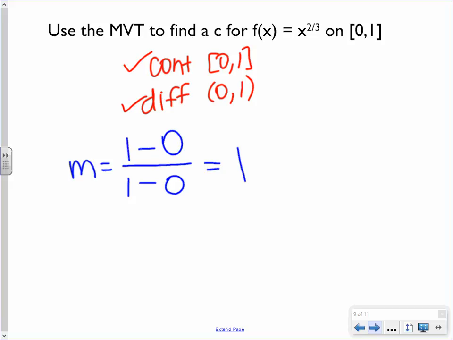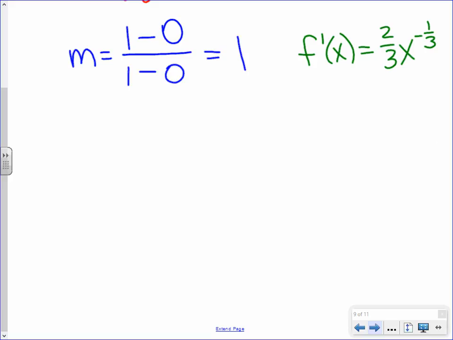That's kind of nice, right? Our derivative. Josh, what is it? 2/3 x to the -1/3. Good.